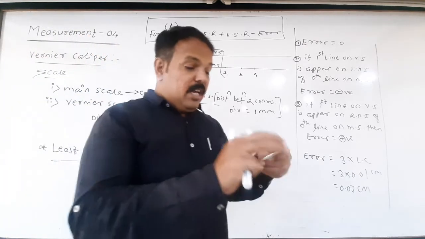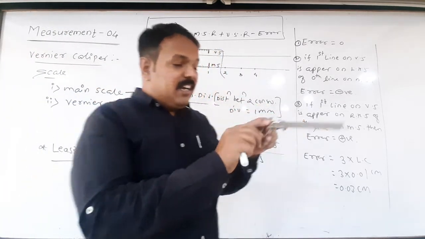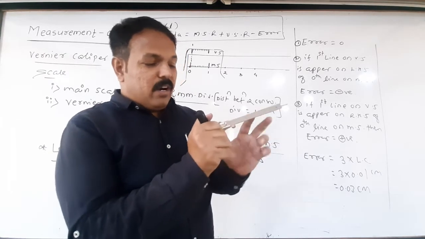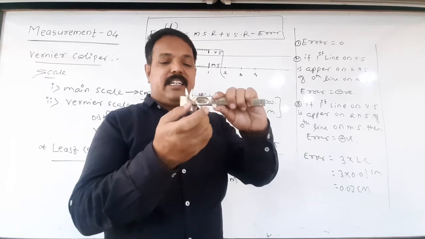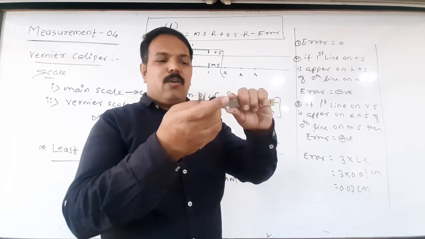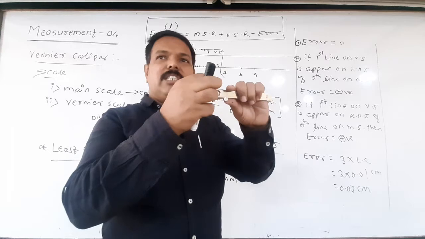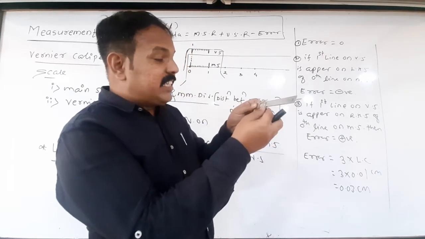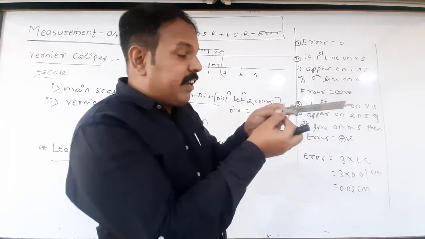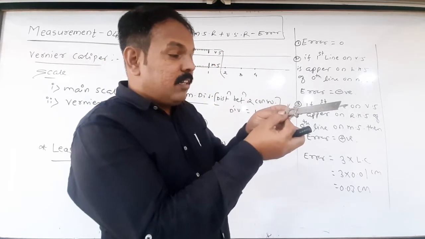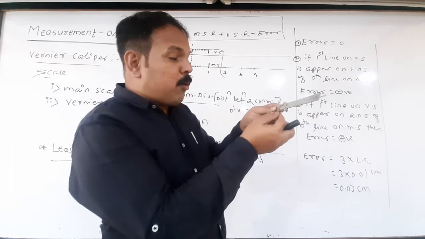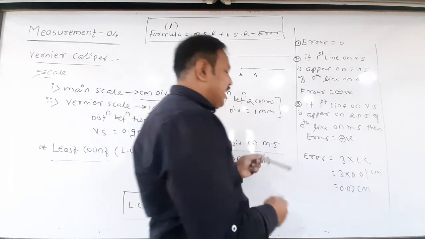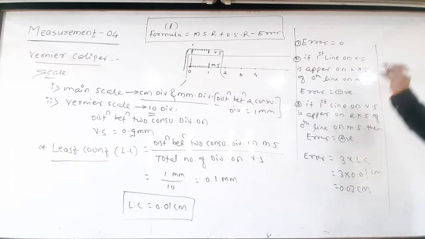See here, after holding the object in the jaws like that, lock the position of the jaws and see what is the main scale reading. Main scale reading means the reading on the main scale that we are observing here. Suppose here that reading is observed at 1 centimeter. Main scale reading, here we can say MSR.